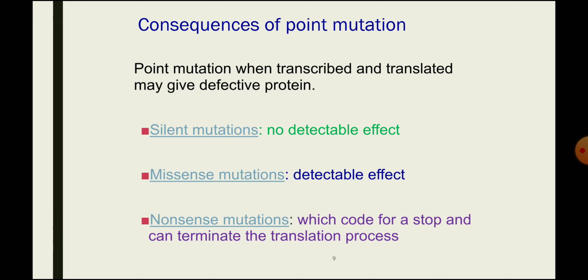Missense mutations, where there is a detectable effect, and nonsense mutations, which code for a stop and can terminate the translation process. Sometimes after mutation, a codon can be changed to a stop codon, so there may be termination of the polypeptide. That type of mutation is called nonsense mutation.